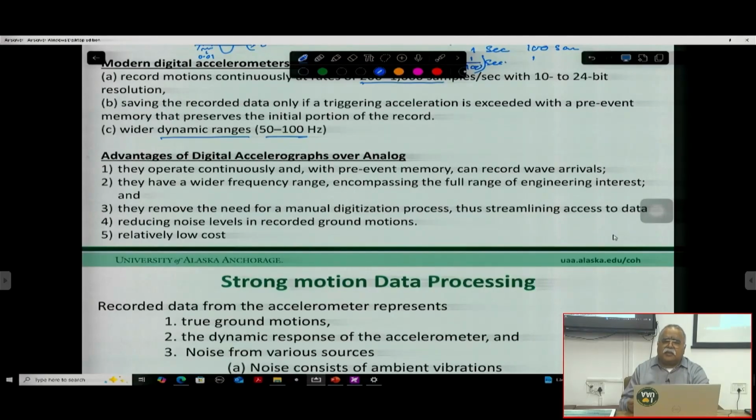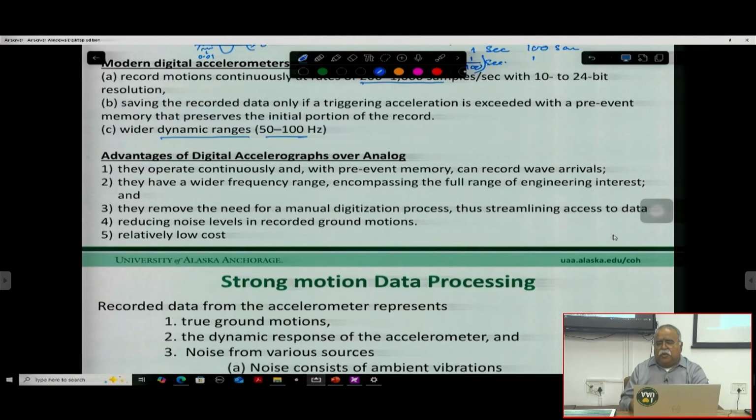Due to the construction and calibration, the digital sensors along with the recorders nowadays cost not more than $5,000 to $6,000, so it is very easy.